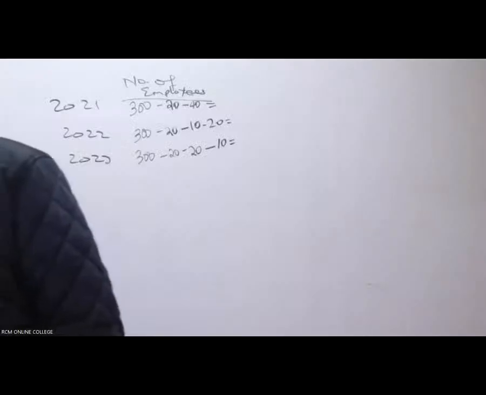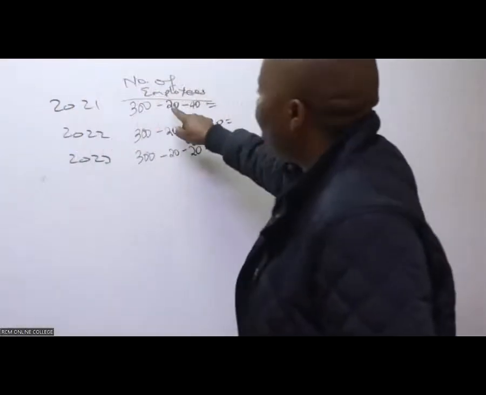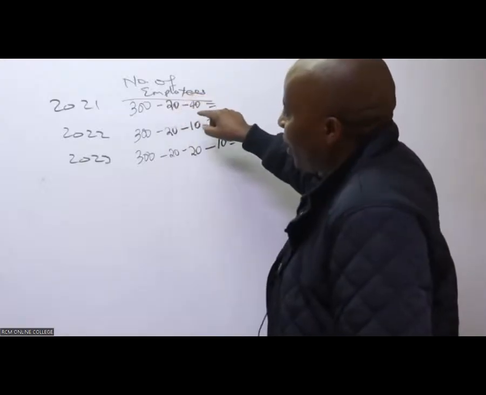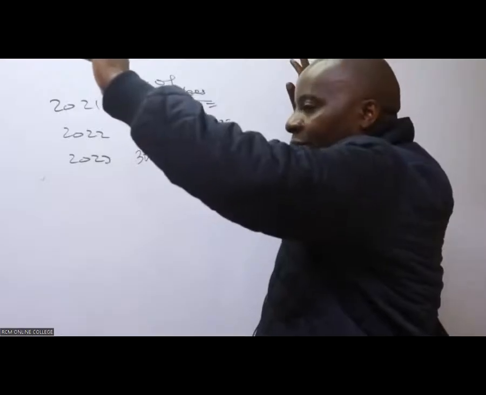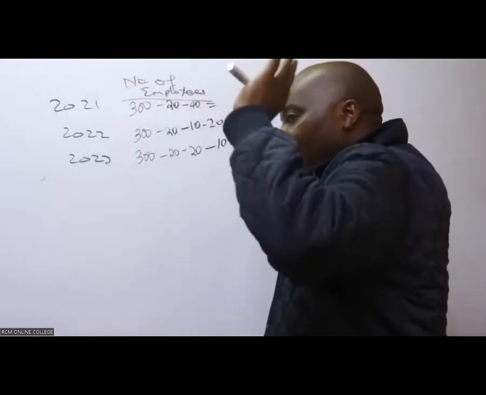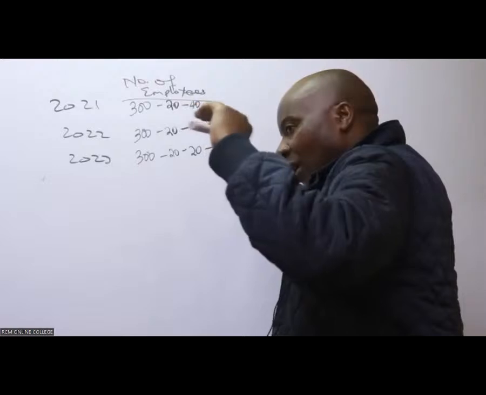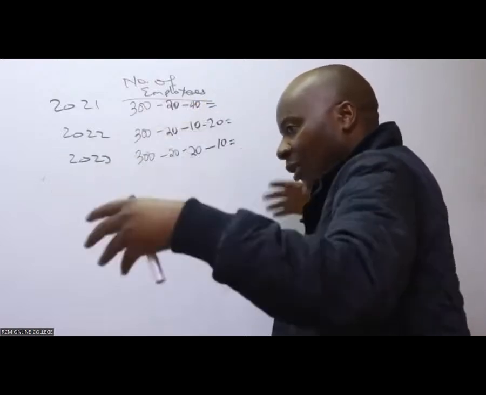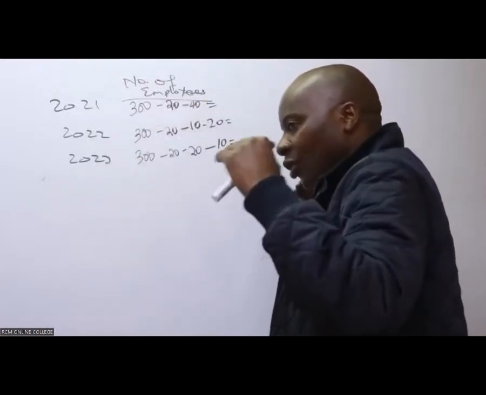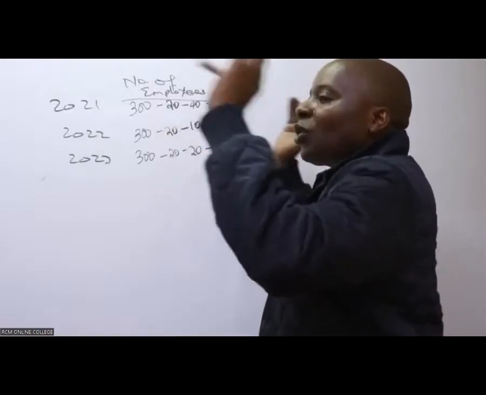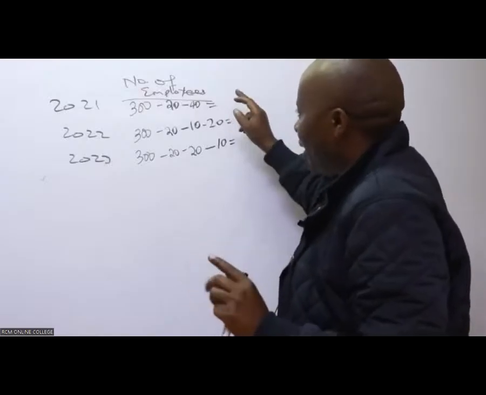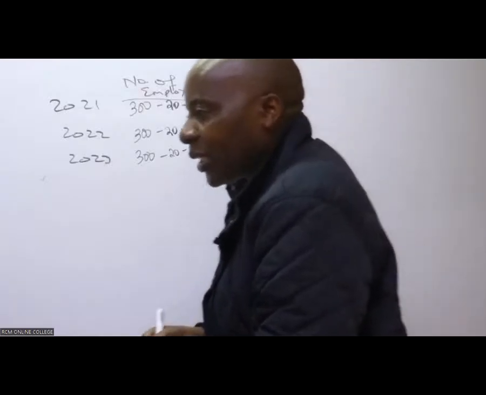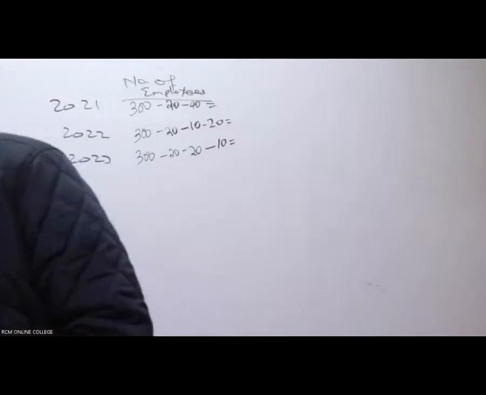So in 2021, ladies and gentlemen, I'll subtract the guys who have actually left, minus the guys I expect will leave in future, so that I can know exactly, at the end of 2021, because I'm trying to provide for an obligation in my balance sheet, how many guys I project to stay behind. So this is okay. Which gives me what answer here? The first one I'm being told is 240.